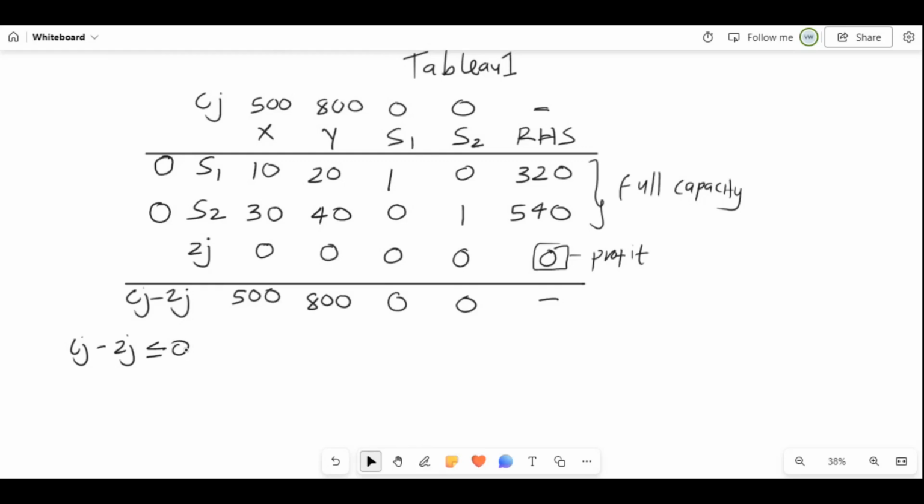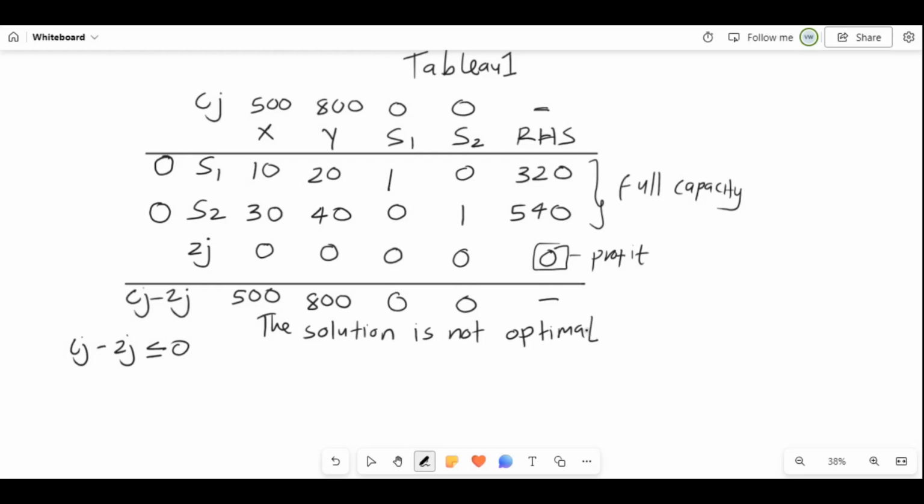From tableau 1, you don't expect optimality because, number 1, our profit is 0, and the resources are available at full capacity. This implies that no resource has been allocated. So at this point, we can easily tell that the solution is not optimal.